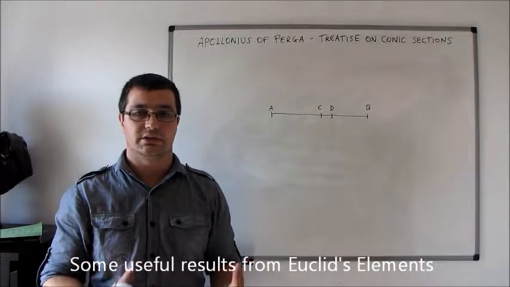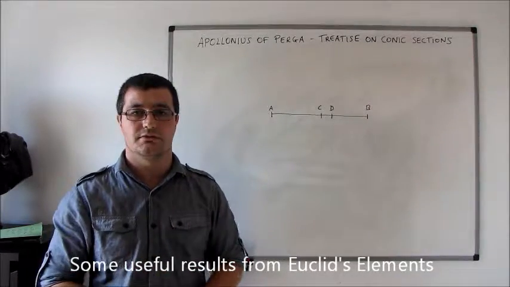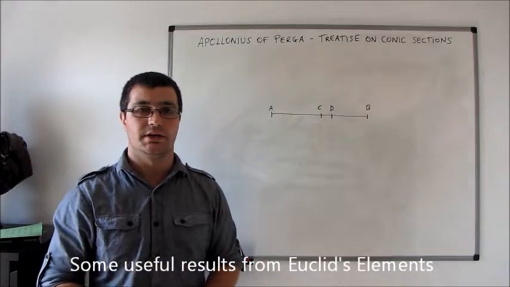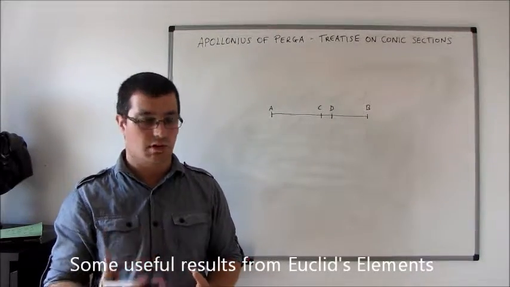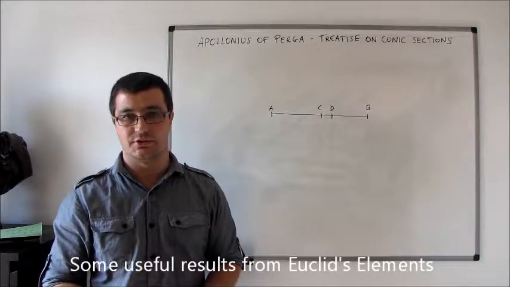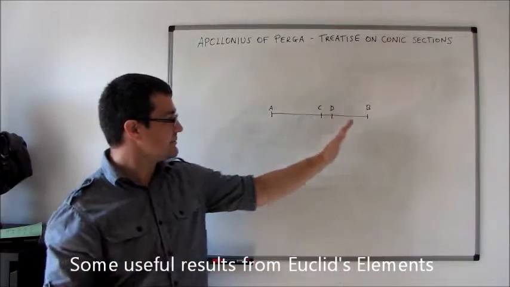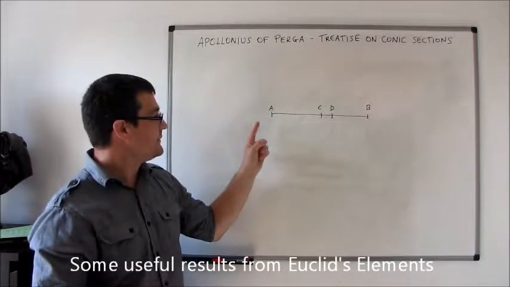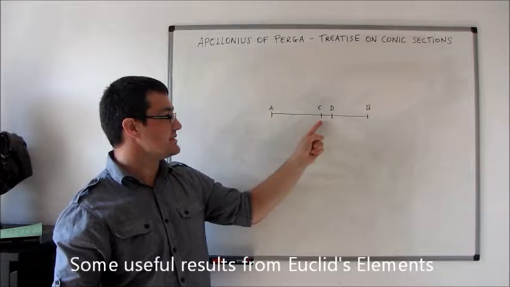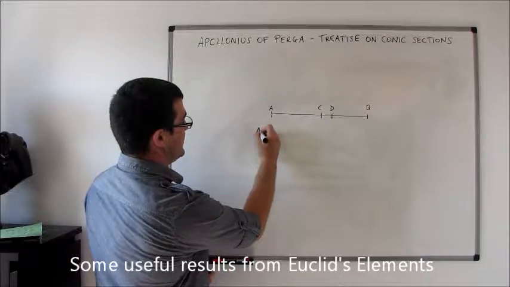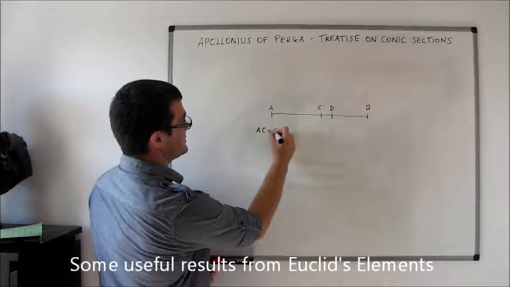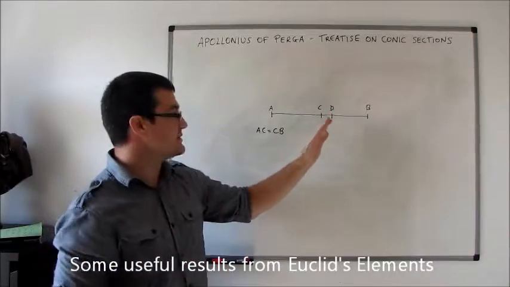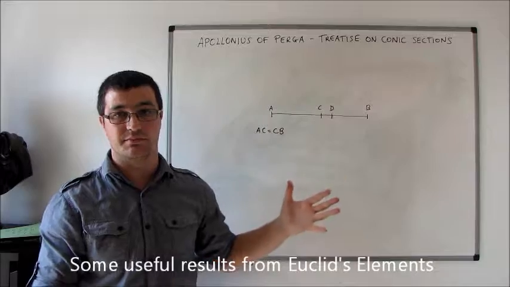There is another fairly obscure result from Euclid's Book 2, Proposition 5, that seems to be used often enough, at least, in Apollonius's work. So consider the diagram that I've drawn on the board. AB is a line that is bisected at C, so we've got AC equal to CB, and then D is just another point on this line segment CB.